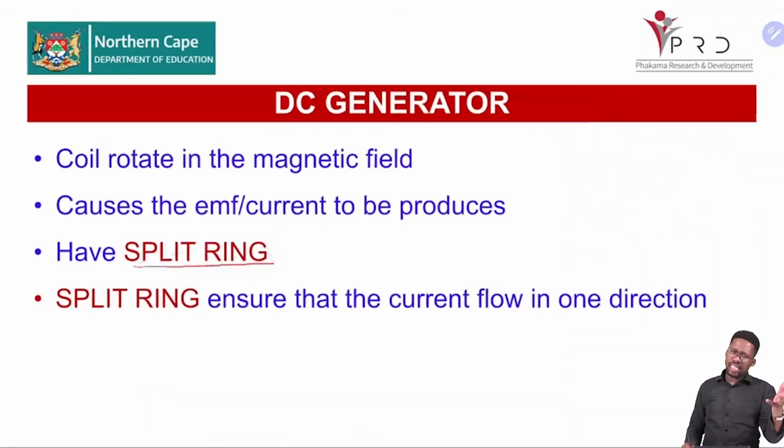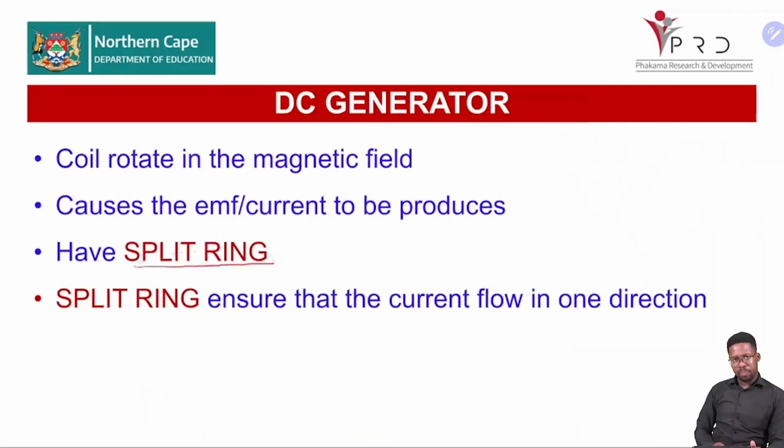So an AC has a slip, a DC has a split. We take one ring and then we split it into two parts. So a DC generator has a split ring.